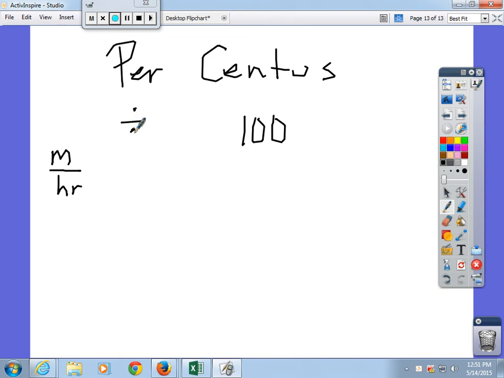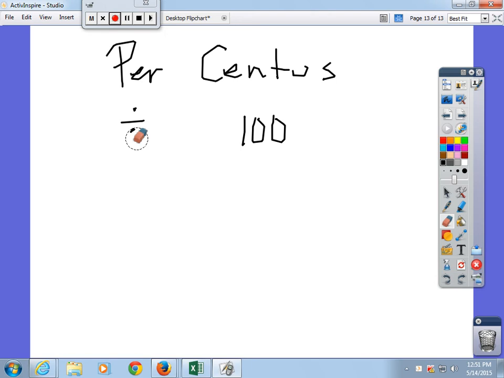So somebody tell me what percent means. What does percent mean? There you go. Percent means divided by 100.